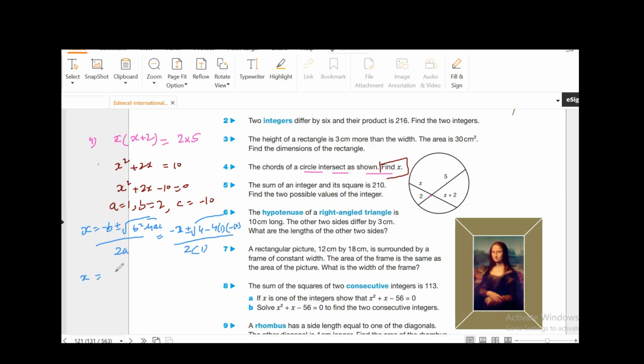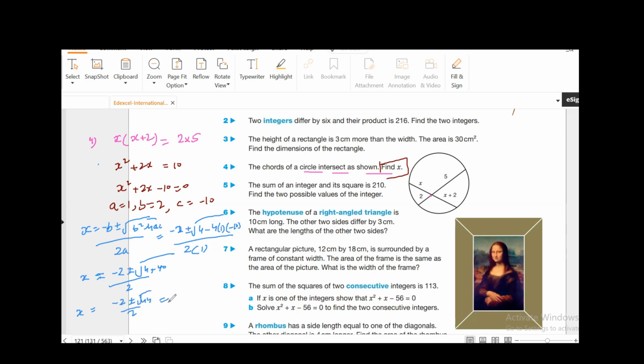So we will get minus 2 plus minus square root of 4 minus minus plus 10 fours are 40, over 2. That means we are getting minus 2 plus minus square root of 44 over 2.